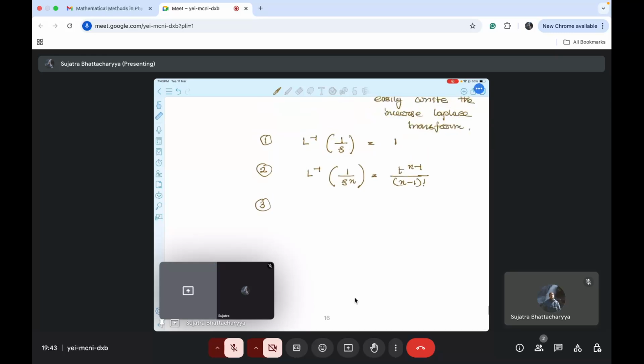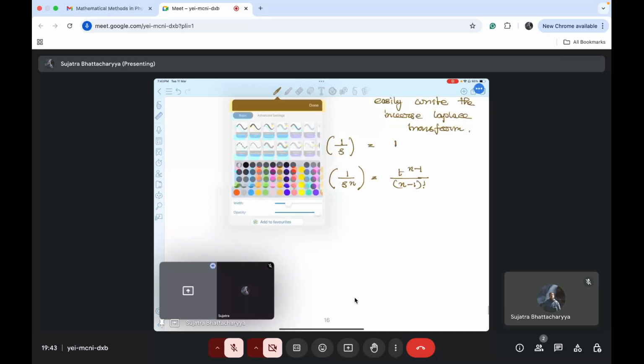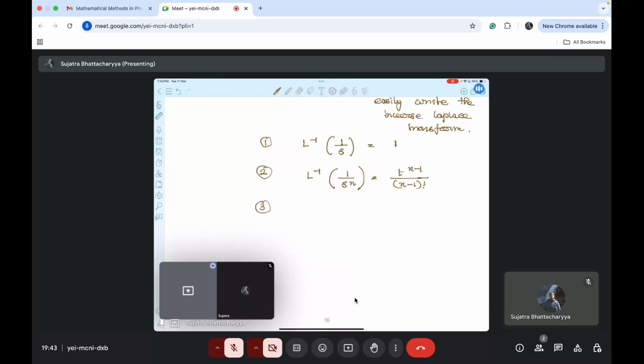Okay, let me first write the list and then I can show from where it is coming. Next, 1 upon s minus a, some kind of a shifting property, right? So it will be e to the power at simply.